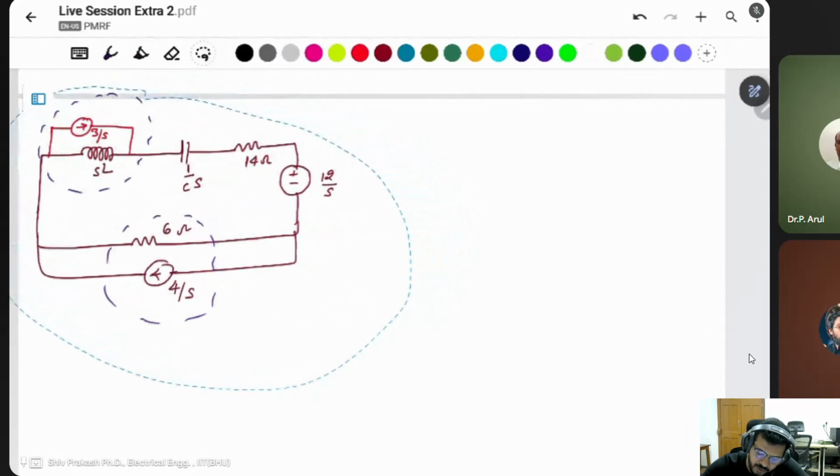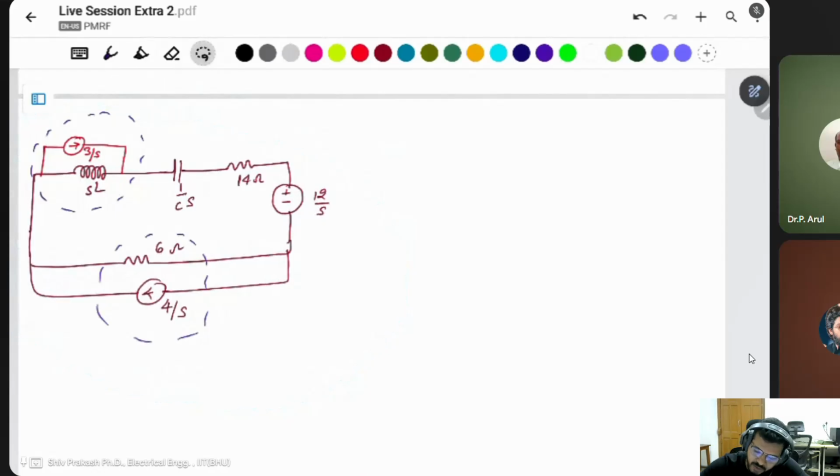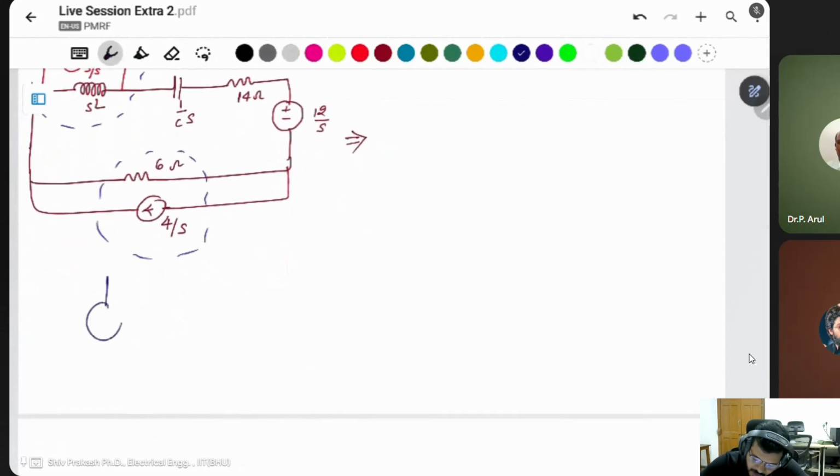Know about the transformation: a current source in parallel with a resistance, suppose this is I and this is R, is converted into a voltage source with the multiplication of these two, I times R, connected in series with the resistance.